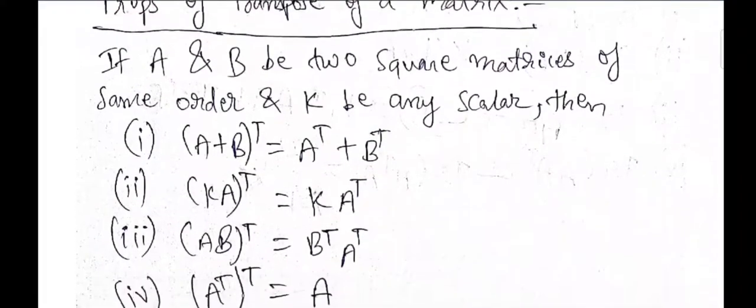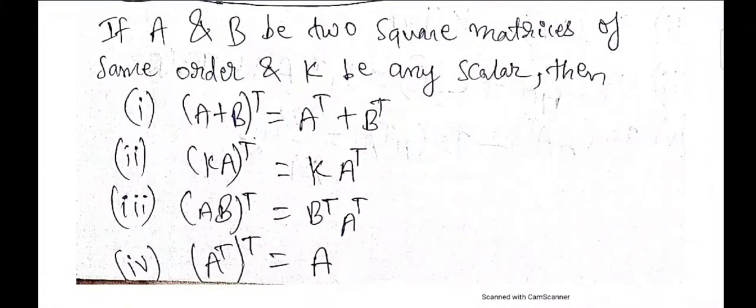So properties of transpose of a matrix: if A and B are two square matrices of same order, K any scalar, then these are the four properties which you must remember in case of transpose. A plus B transpose is equal to A transpose plus B transpose. K A transpose is equal to K times A transpose, that is, the scalar K will come out.